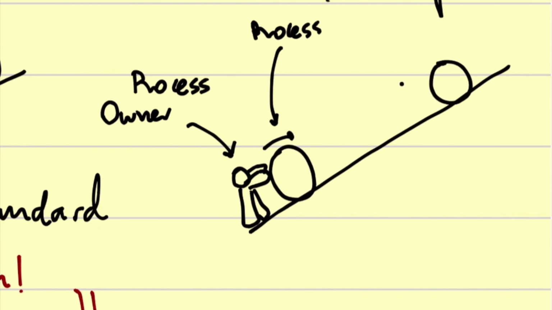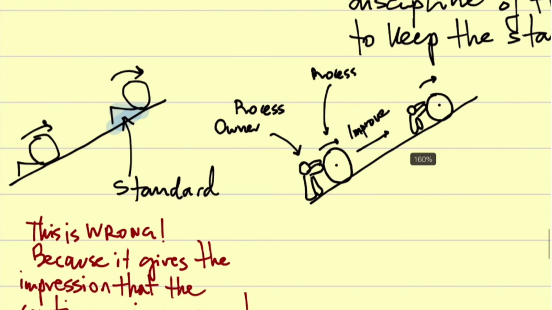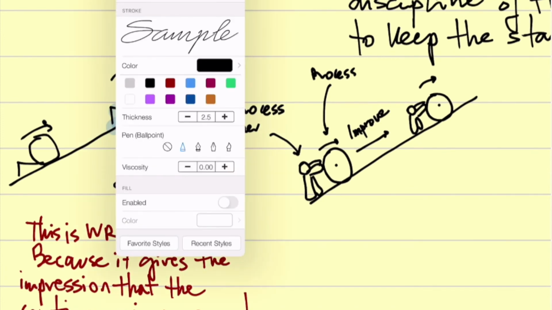You get the process better with continuous improvement. With a lot of effort. So this is the improvement. But just to keep the new status takes energy.